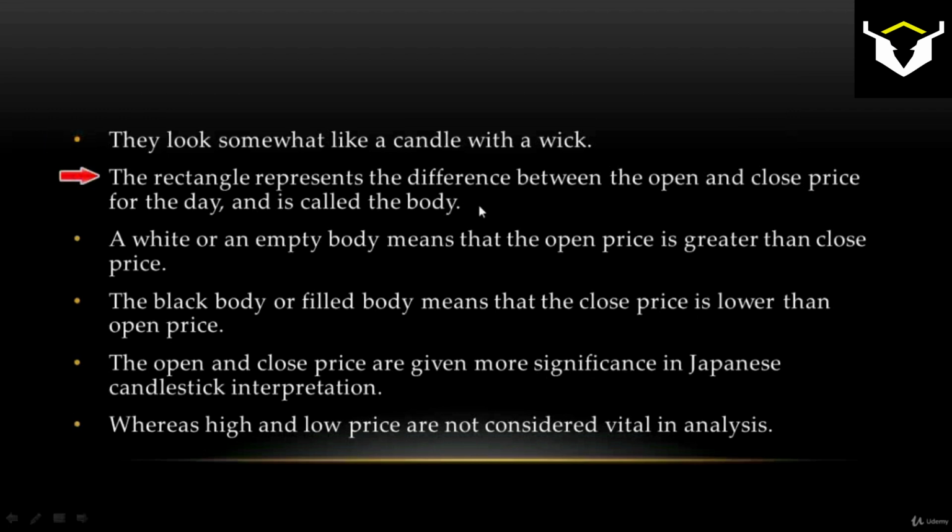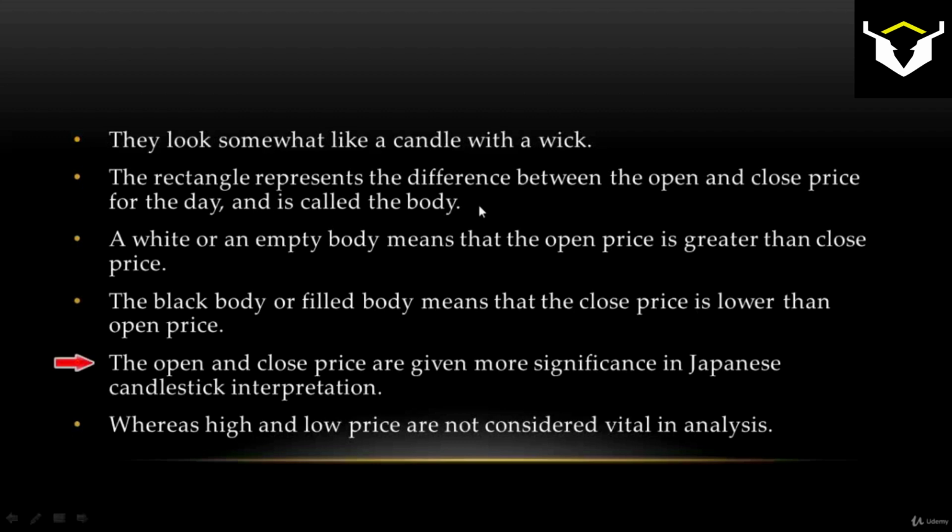The rectangle represents the difference between open and close price for the day and is called the body. A white or empty body means that close price is greater than open price. The black body or filled body means that close price is lower than open price.